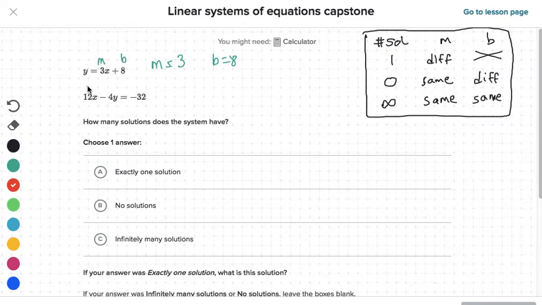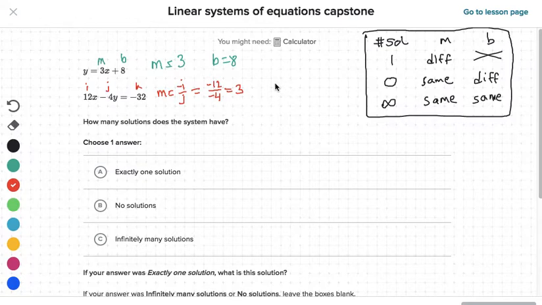So if you recall i, j, and k, our slope m is given by negative i over j, which is negative 12 over negative 4, which is of course equal to 3.